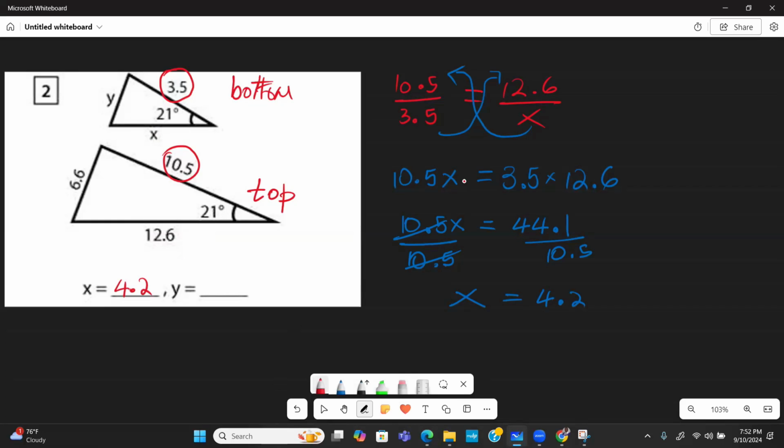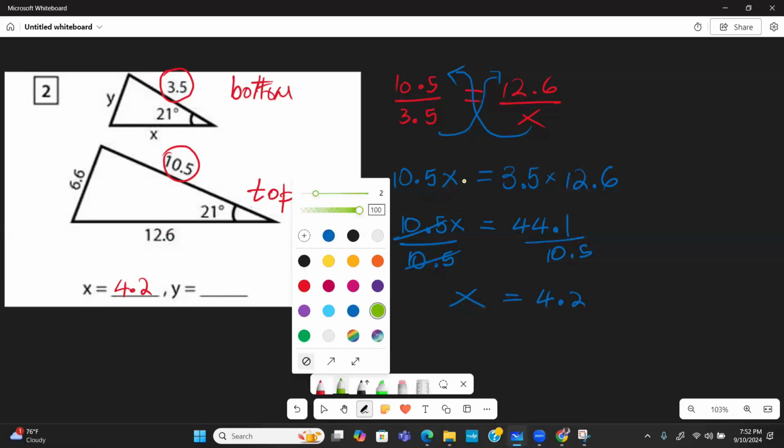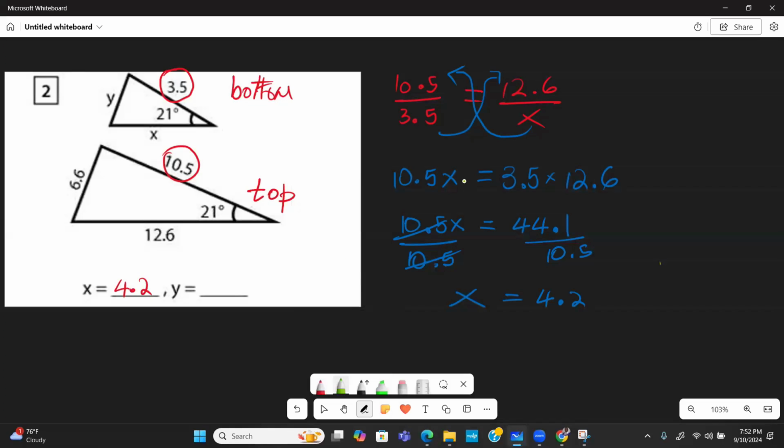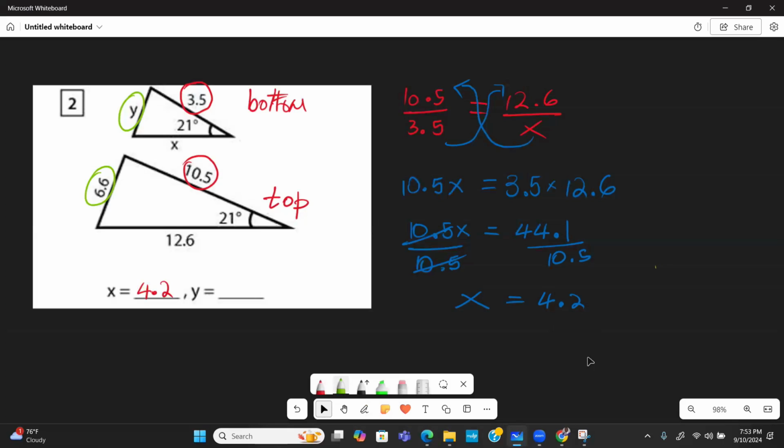All right, let's take a look at the other problem. We're in search of y. Y corresponds with 6.6. So I can set up my system the same way.